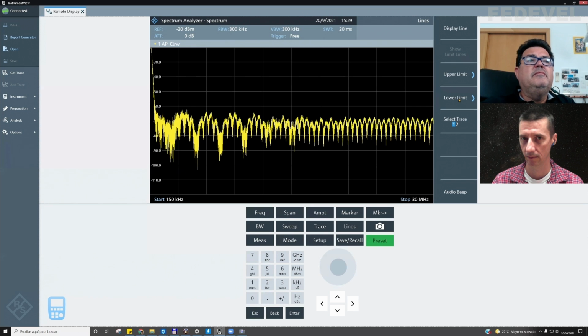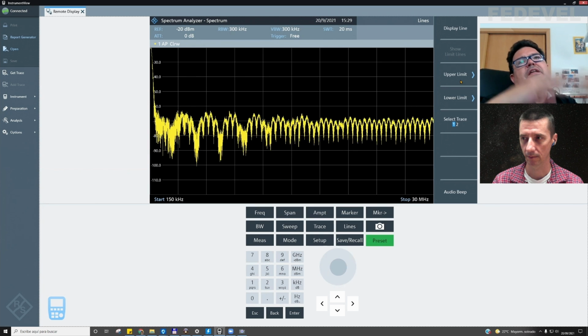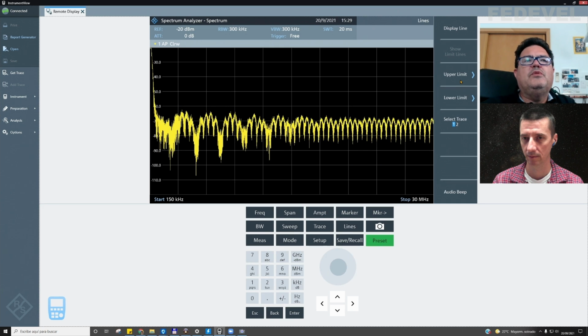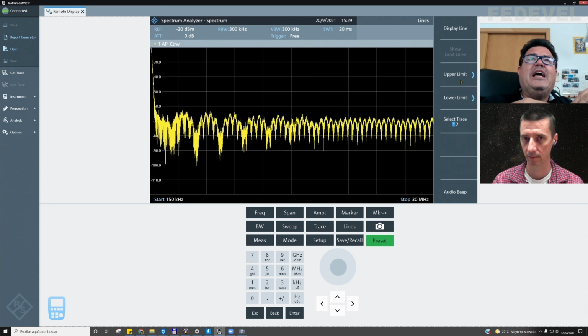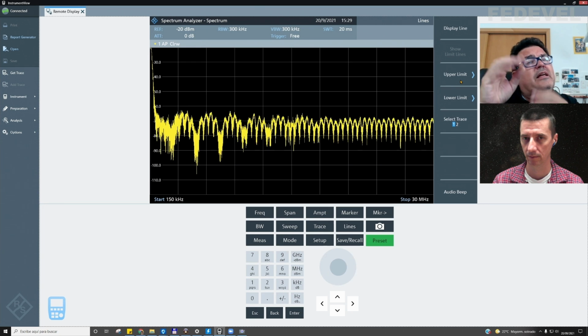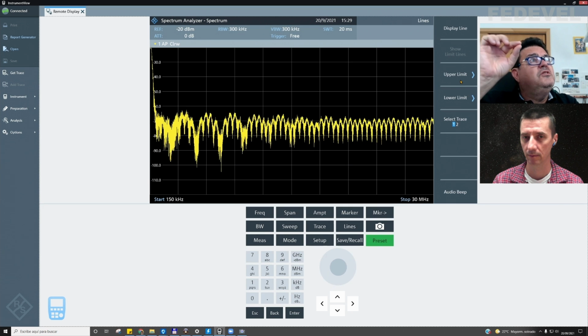Basically you can do this for any kind of work with a spectrum analyzer, but for conducted emissions, you can use the upper limit for the quasi-peak detector and the lower limit for the average detector. What is this? In conducted emissions, you can set the detector of the spectrum analyzer to measure the peak of the noise.